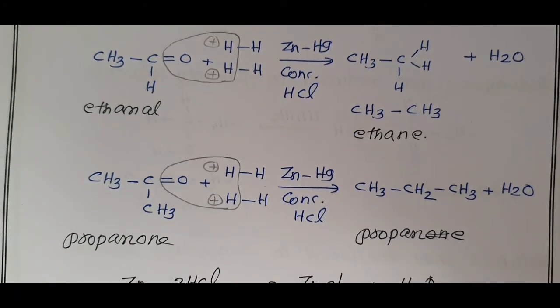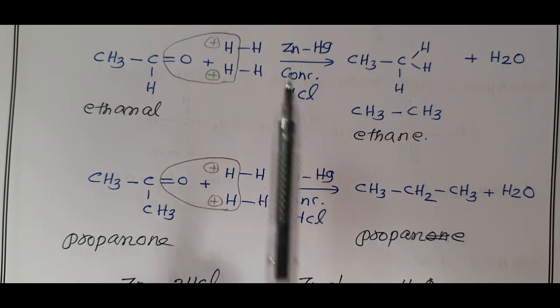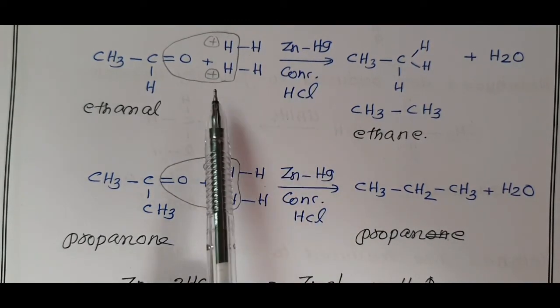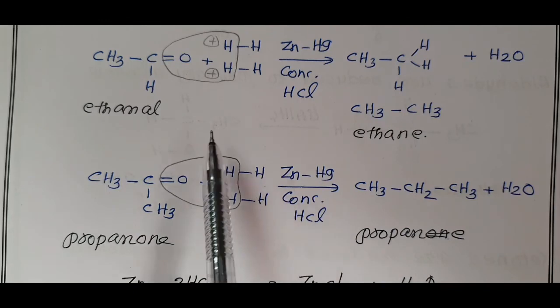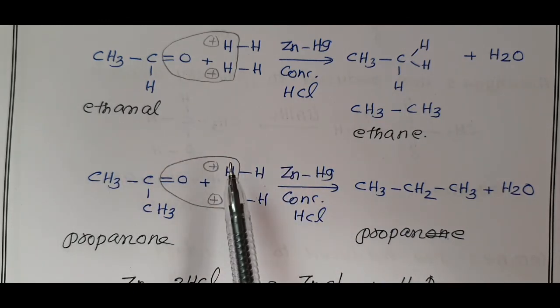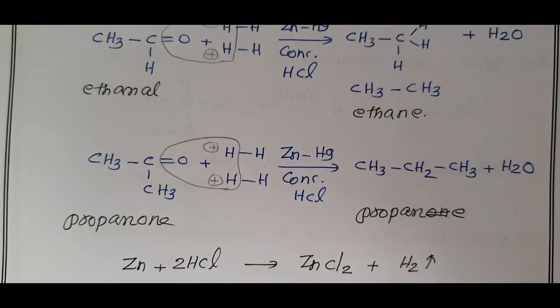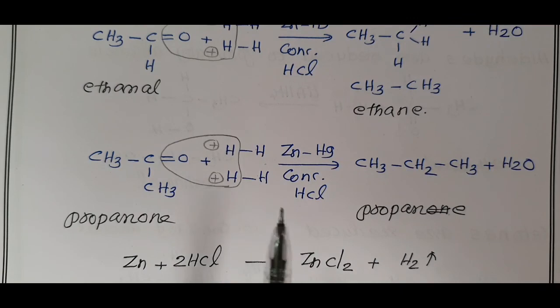So, in a way, the mercury in zinc amalgam serves to trap the active hydrogen as it is formed and allows it to attack the carbonyl compound rather than being released as hydrogen gas. So, this is why we are using zinc amalgam in Clemmensen reduction.